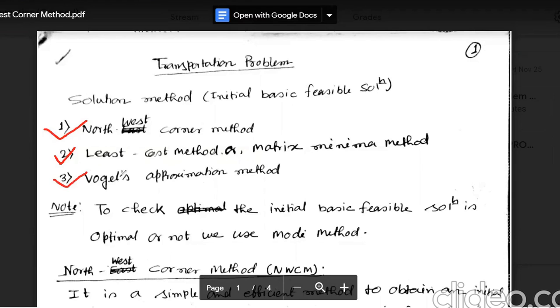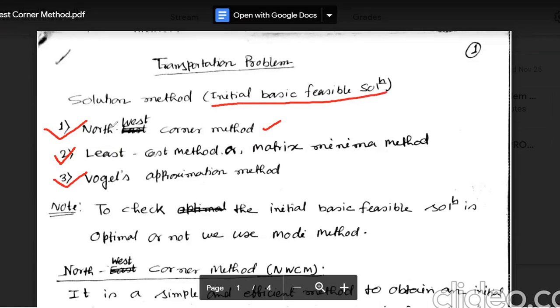Using these three different methods, we can solve the transportation problem. Today we'll learn about the northwest corner method. In all these methods, finding the solution means finding the initial basic feasible solution.